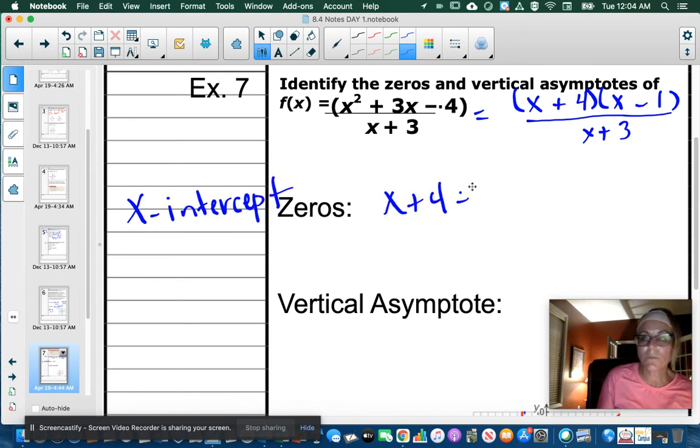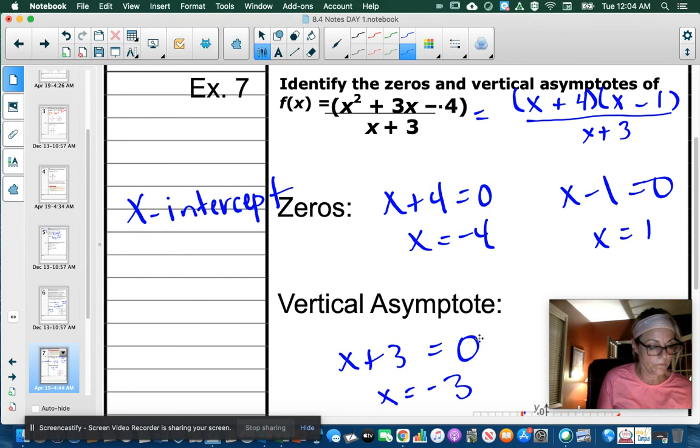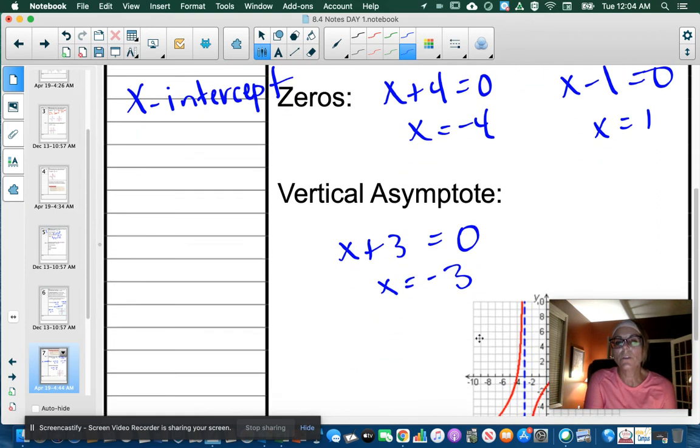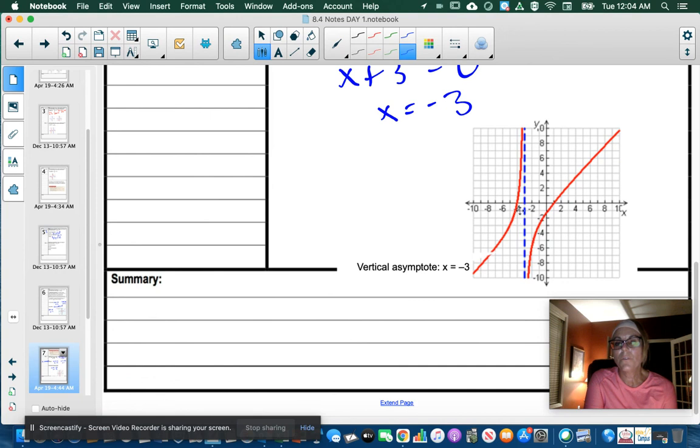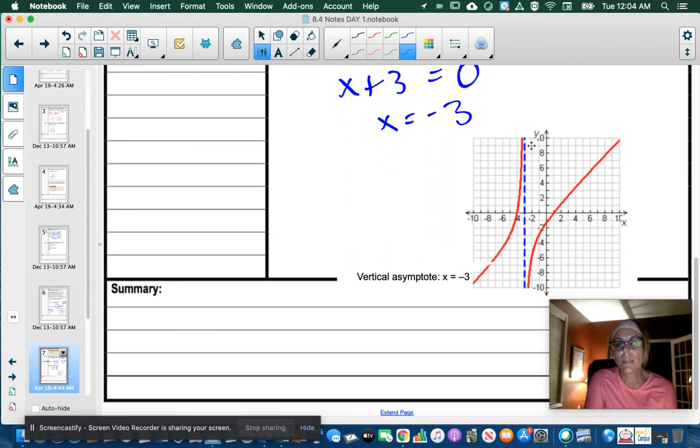So x plus 4 equals 0, x minus 1 equals 0. There are the zeros, and the vertical asymptote is where the denominator equals 0. And as you can look at the graph, negative 4 and 1, so the graph crosses the x-axis, and the vertical asymptote is at negative 3. And notice the graph is a hyperbola. And again, neither of these graphs cross that asymptote, but they do both approach it.